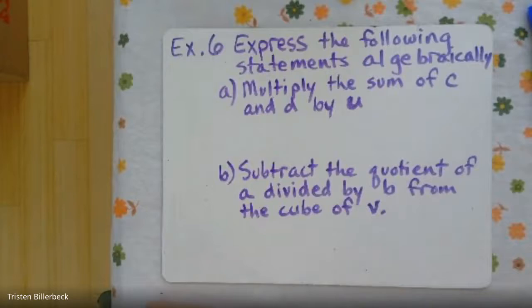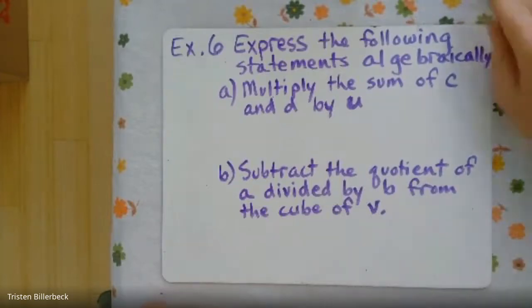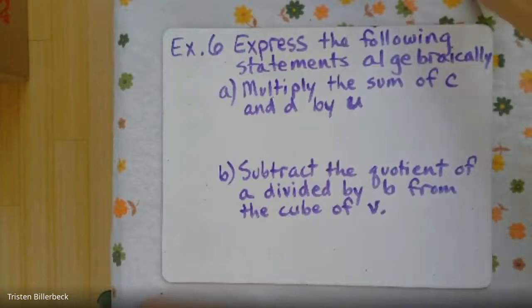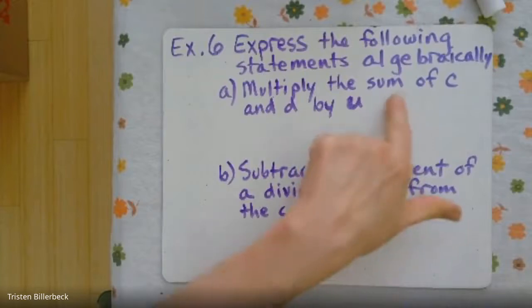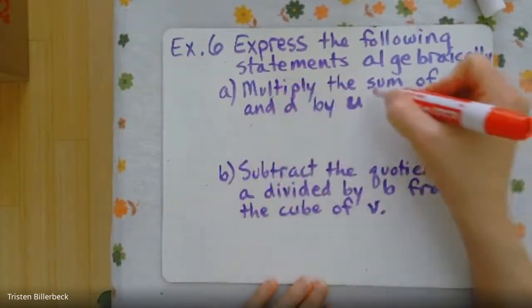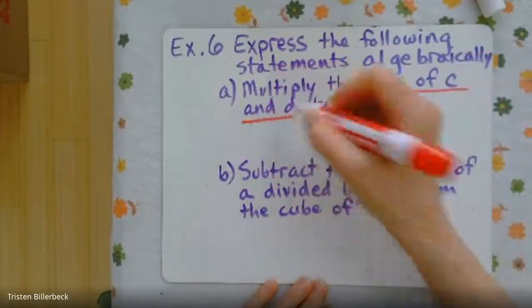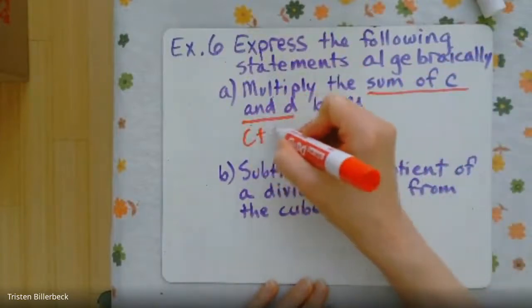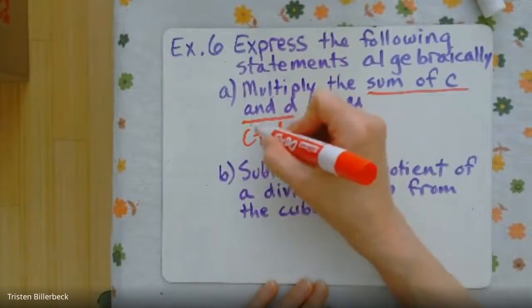All right, so last example. Express the following statements algebraically. Multiply the sum of C and D by U. Okay, so we have multiply the sum of C and D. So first, the sum of C and D is C plus D. That's a sum.